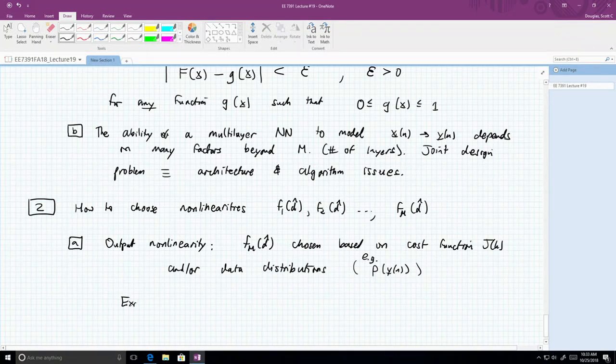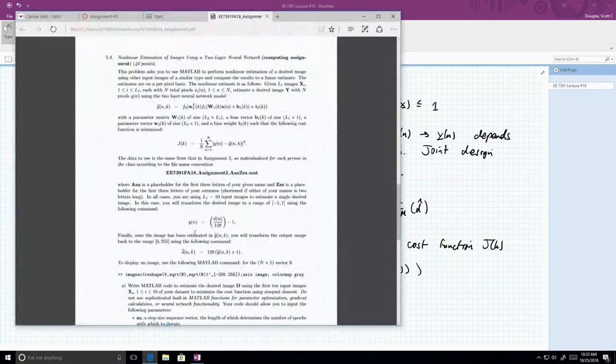And we actually have an example of that you're working on, which is assignment 5, problem 4, right? That's actually the software problem, the simulation problem that you're doing. And if you recall, have that pulled up, that is here, right?